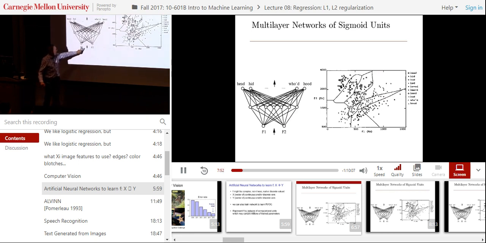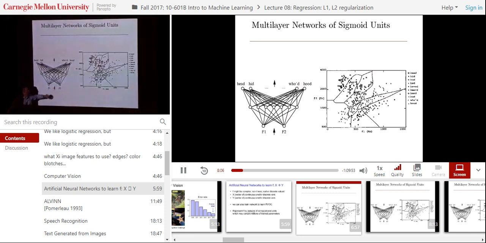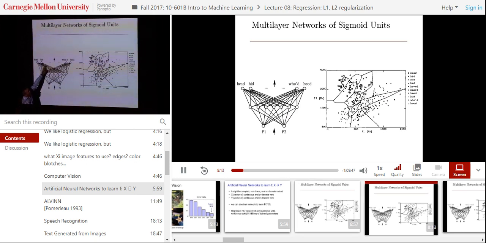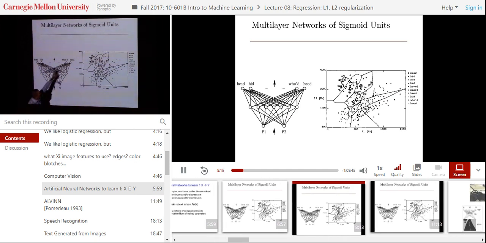So the input is two frequency bands, F2 and F1, characterizing the input speech signal from the microphone. So these are two real valued inputs. And the output is one of, I guess, 10 different vowel sounds that are represented.